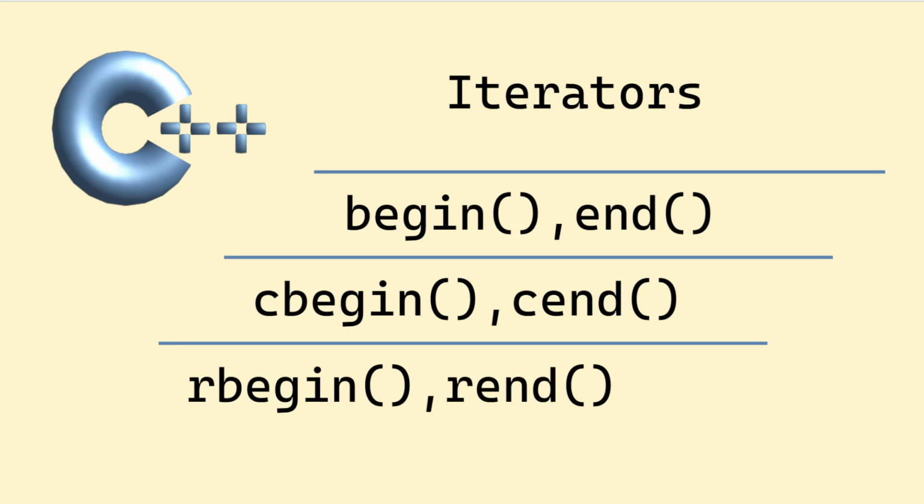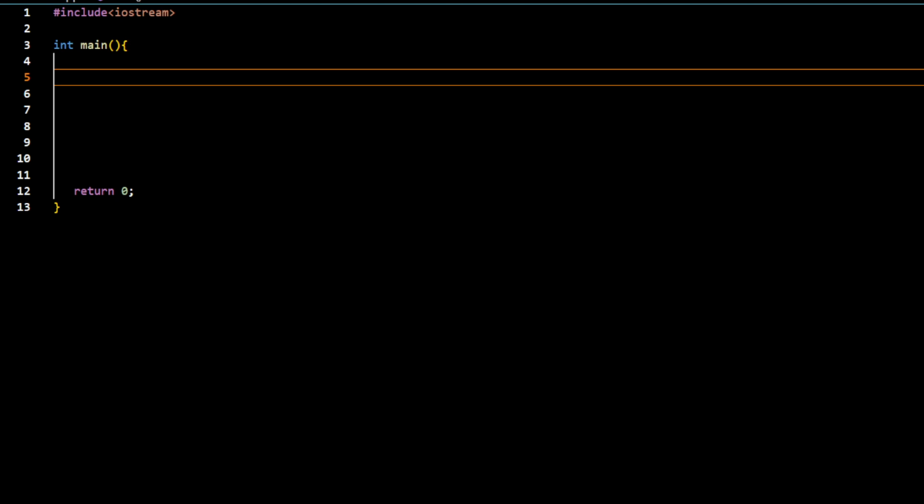First, let me begin with an example demonstrating the use of a pointer to iterate through an array, and I'll come to the iterator discussion in a moment. First, let me create an array.